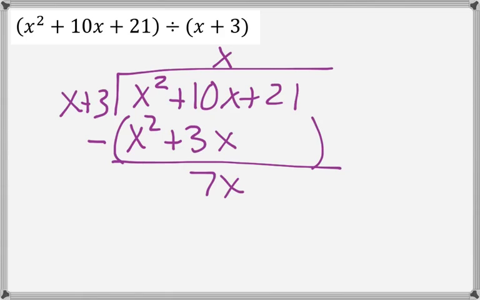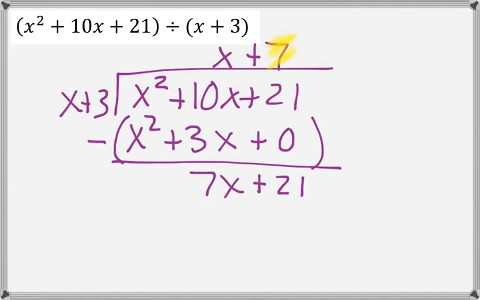And essentially here you can think of this as a plus 0 term. So we have 21 minus 0 there, which is 21. And now we're going to do the same process again. So we look at x and 7x, and we would need to multiply x by 7 to get 7x. So we put a plus 7 up here.